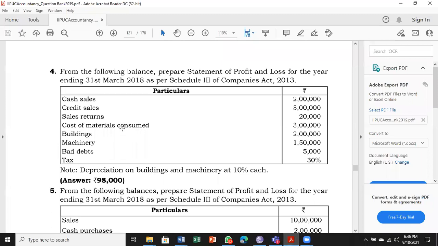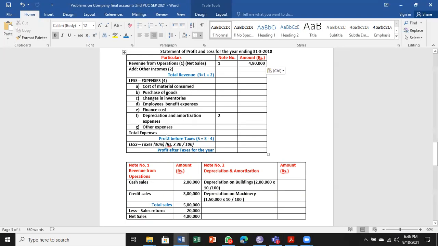Then going back to the problem, first 3 items we have considered. Next is cost of materials consumed 3 lakhs, only one amount. We have the heading cost of materials consumed with only one amount, so I'm entering straight away in the income statement, 3 lakhs.